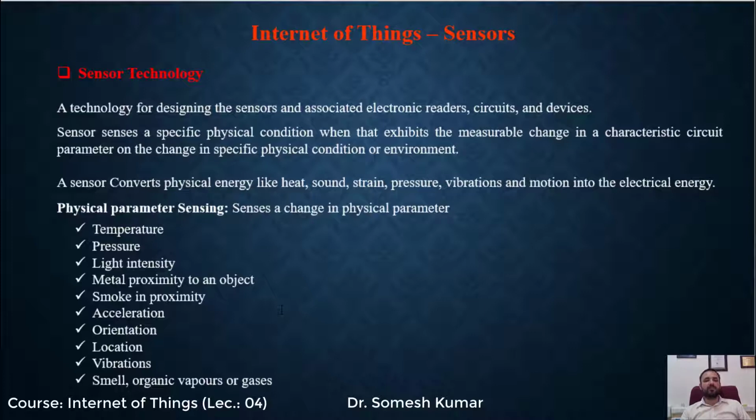These are some physical parameters that a sensor can sense. For example, your mobile phone has a lot of sensors that can sense your touch, a color sensor, and environmental conditions like humidity and temperature. All these sensors are embedded in your mobile phone, right?